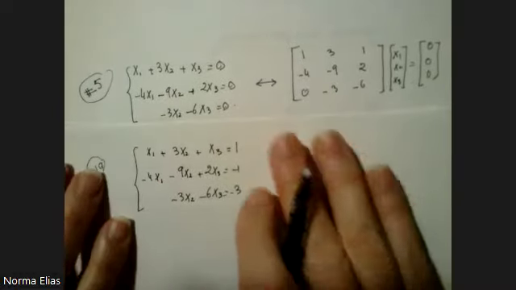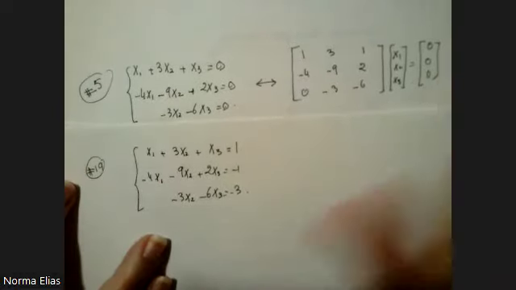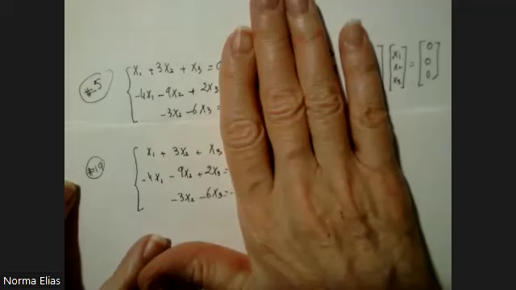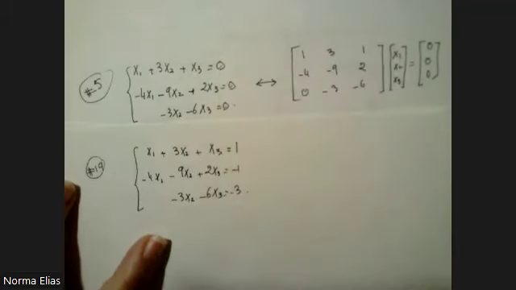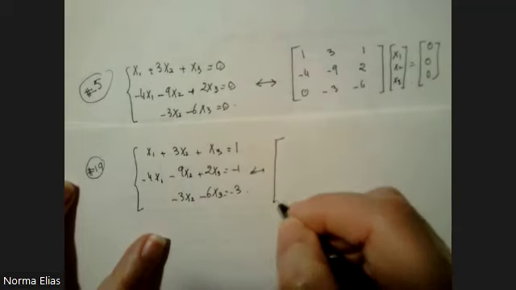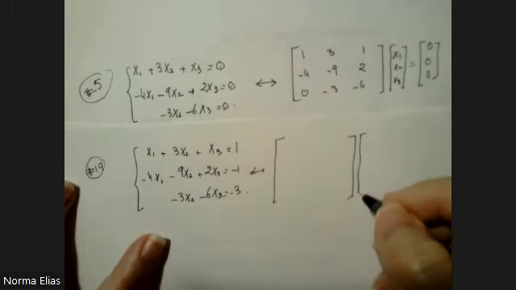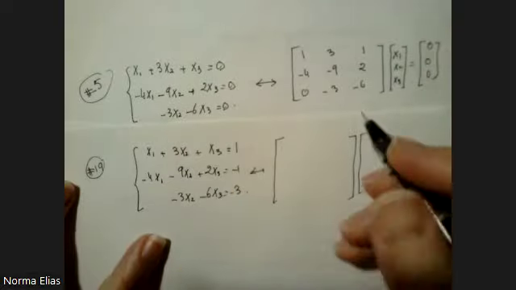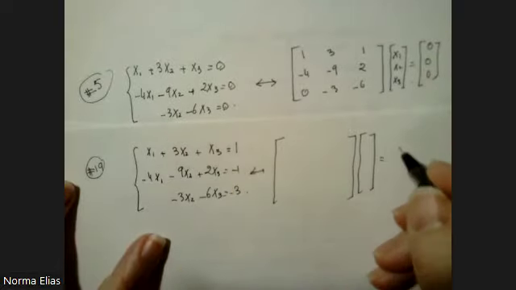If we compare it exactly with number 5, the coefficient part, the equations, are the same. It's only the augmented part which is changing. So the question is, what happened? What's the relationship between the solution of that and the solution of this?